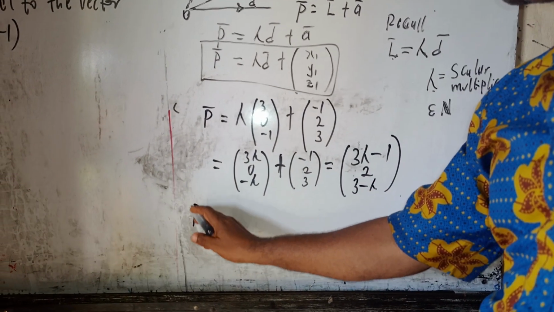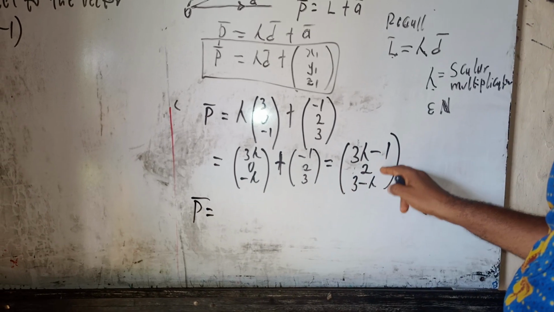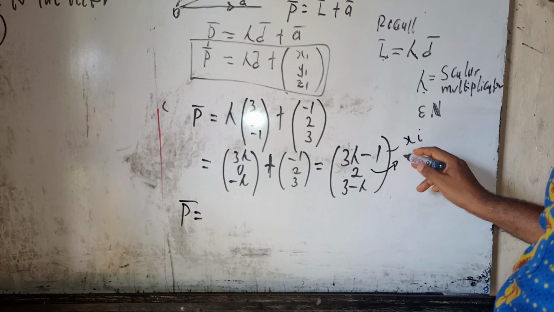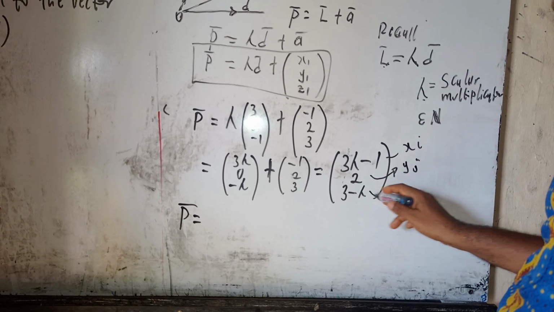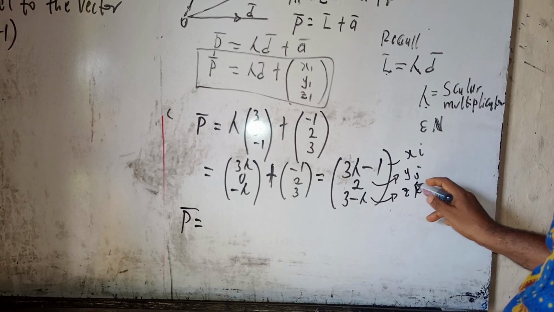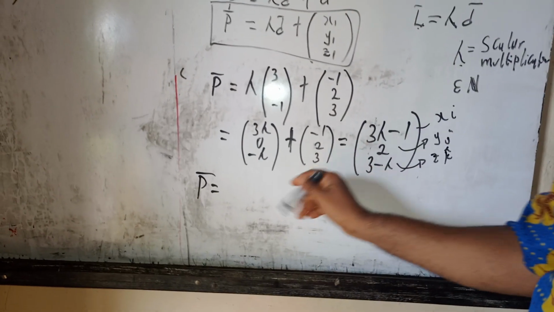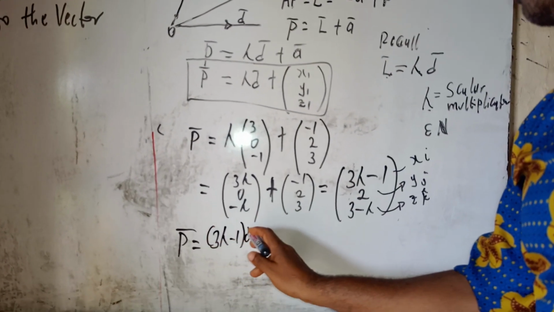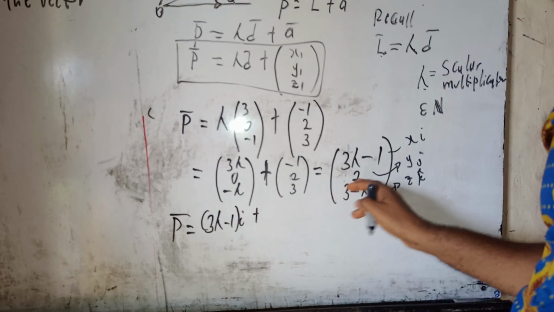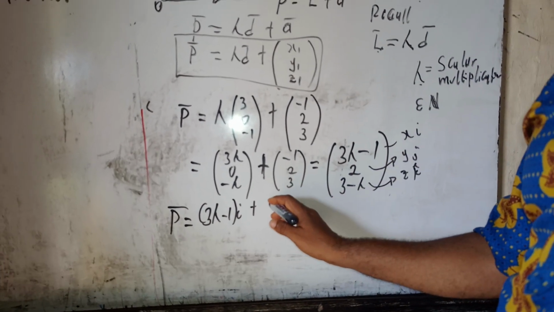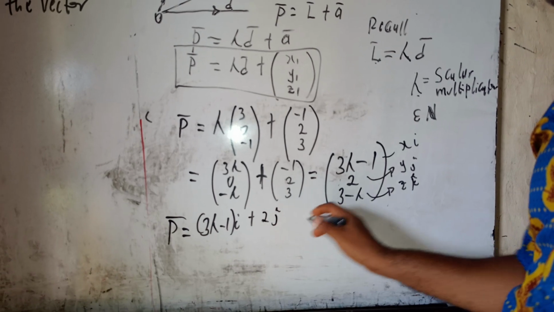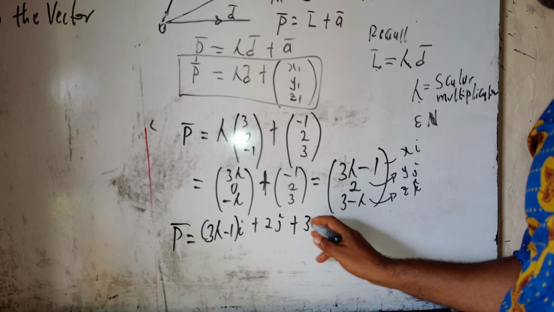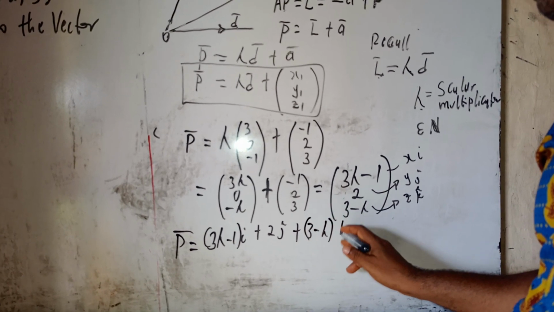Now the vector equation, if I want to write this in rectangular form, this one stands for my x i, this one stands for my y j, and this one stands for my z k. So if I want to write it in rectangular form, I will write it as (3 lambda minus 1) times i plus 2j, and then plus (3 minus lambda) times vector k.